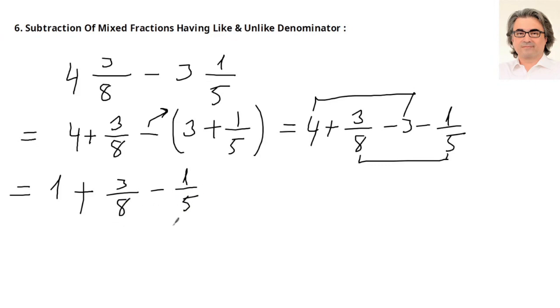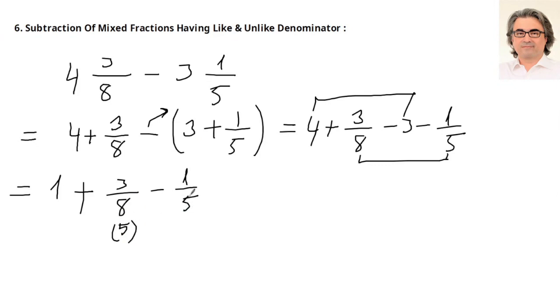Now 8 and 5 are numbers which haven't got a common divisor other than 1. So if you multiply 8 with 5, you will get 40 in the denominator.